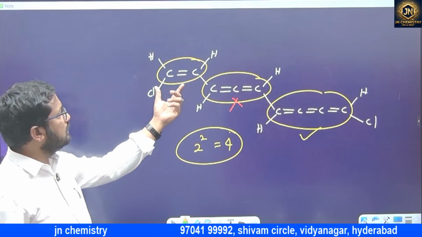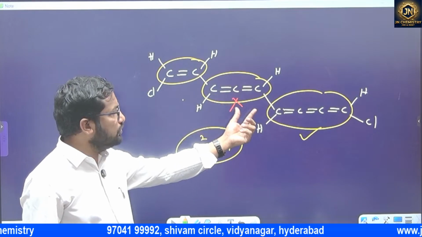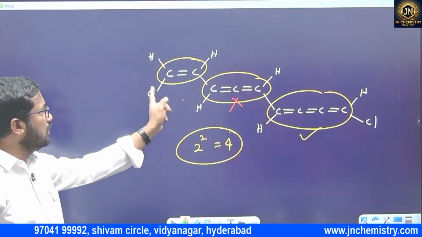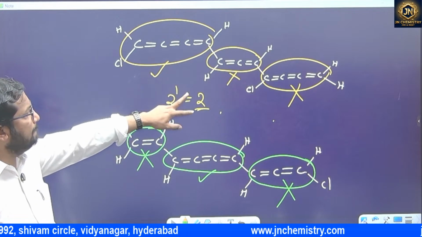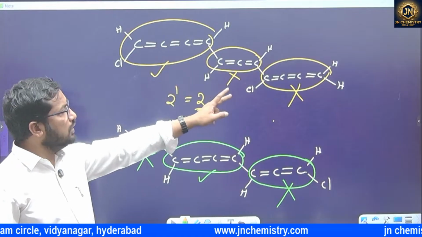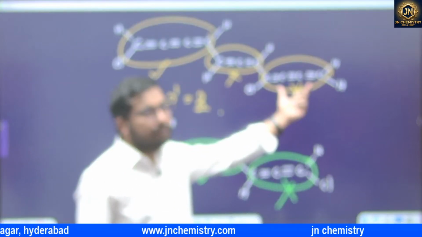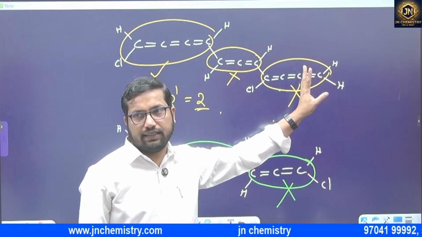In this case, it is an even number, so it won't show. This is an odd number, 1, 2, 3, so it shows 2 power 2. In this case, this is even, so it won't show, and this is odd so it shows, but C is not equal to D. So we need to consider all these things.